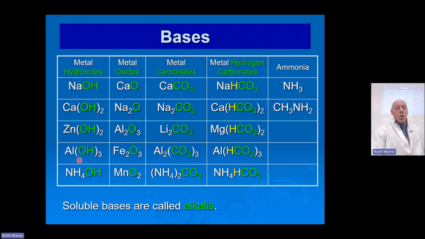Calcium carbonate is limestone. Is that soluble? Not very. So if a base is not soluble, we just call it a base. It's not an alkali. But if a base is soluble, like sodium hydroxide, calcium hydroxide, then we call it an alkali. Okay, so you just need to know the distinction between those.